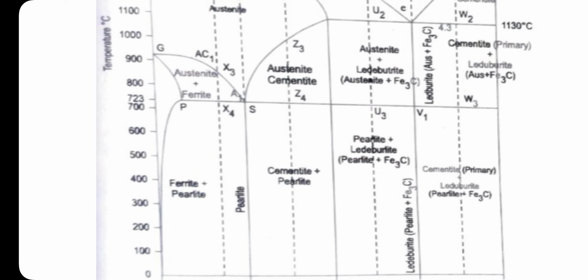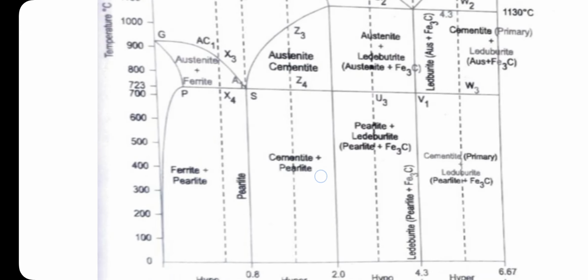When it crosses X4, the remaining austenite is converted into pearlite. So at room temperature, the microstructure consists of ferrite plus pearlite. For hypoeutectoid steel, the carbon percentage you can see at the bottom line corresponds to 0.6% carbon. It consists of ferrite and pearlite structure.